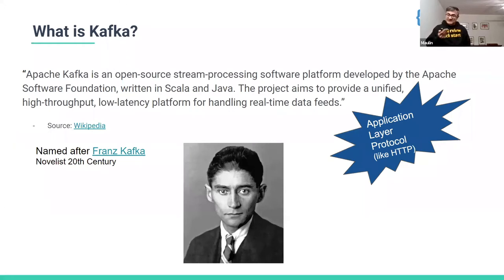It was named, interestingly, after a novelist of the 20th century named Franz Kafka, the photo that you see here. And Kafka implements a custom binary protocol over TCP, which makes it the equivalent of HTTP, like an application layer protocol.